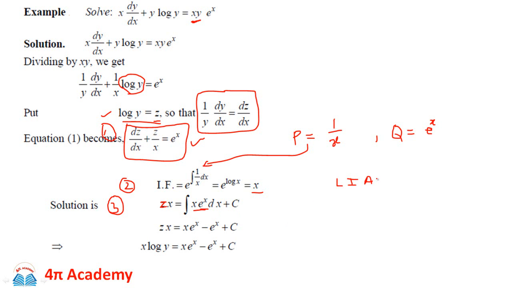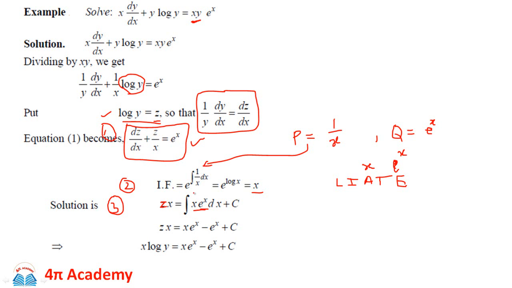So you have to simply remember this as LIATE, where L stands for logarithmic, I stands for inverse, A stands for algebraic, T stands for trigonometry, and E stands for exponential. So since our x is the algebraic function, it comes first, and exponential is the second function. It comes later than the algebraic one. So here this e raised to power x is my second function.